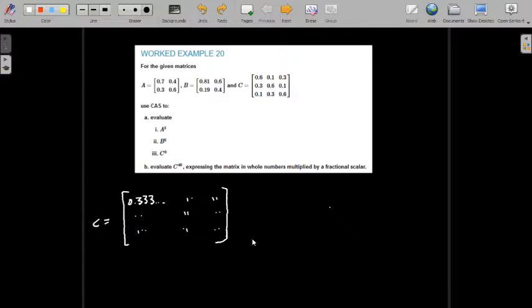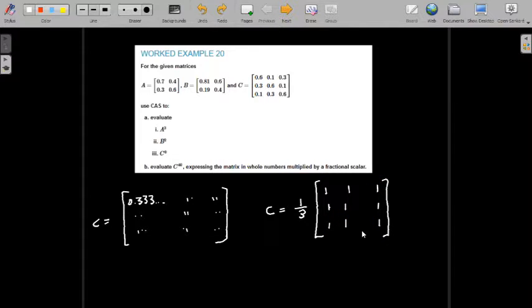I'm not going to write it out. So it asks to express the matrix in whole numbers multiplied by a fractional scalar. So I can actually say that 1/3, which is 0.3 recurring, out the front, and then we'll just have the elements 1, 1, 1, 1 all in there.